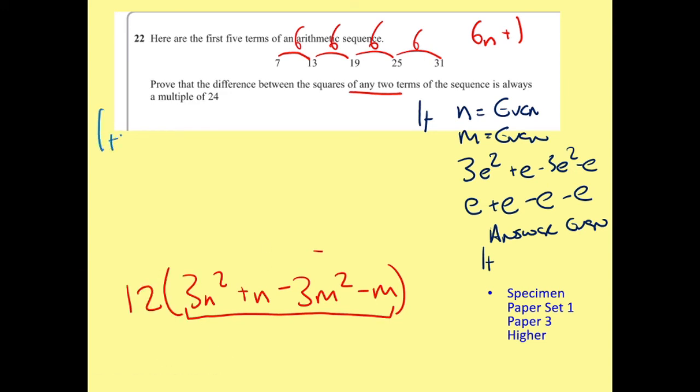Right, so let's do if n is even and m equals odd. Okay, so I've got 3 even squared plus even minus 3 odd squared minus odd. As stated, even squared is even, and 3 lots of it is still even. Odd squared is always going to be odd, and if I times that by an odd again, that stays odd.